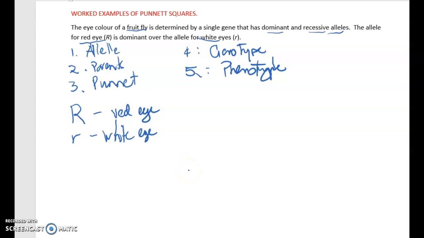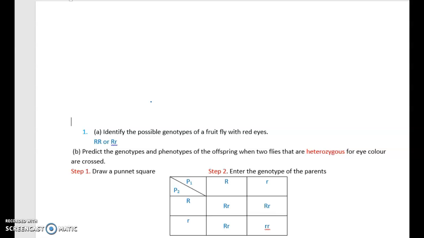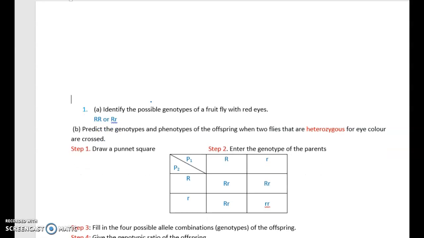Step 2 is looking at the parents. Now we basically have a situation where, let's have a look at the parents. Identify the possible genotype of fruit fly with red eyes.